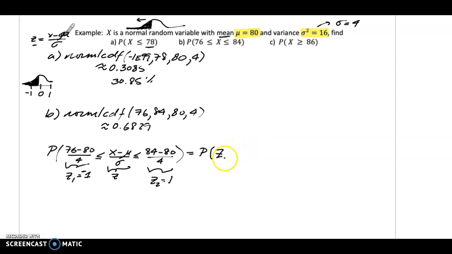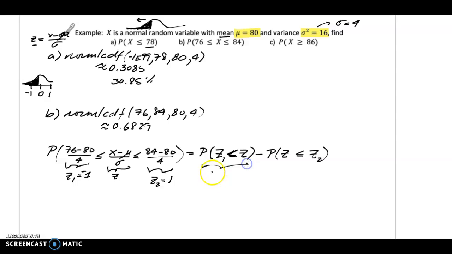So this will just be the probability of z less than z2, minus, I would want to subtract, the probability of z less than z1, right?